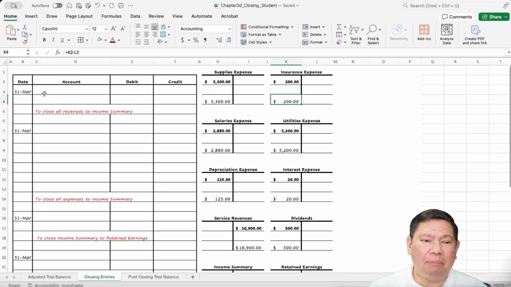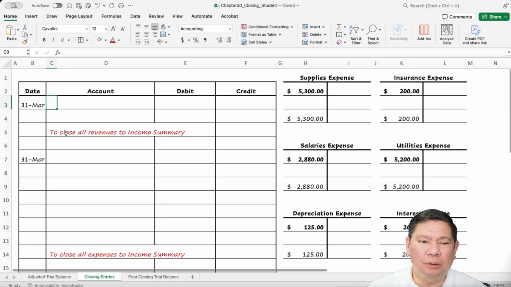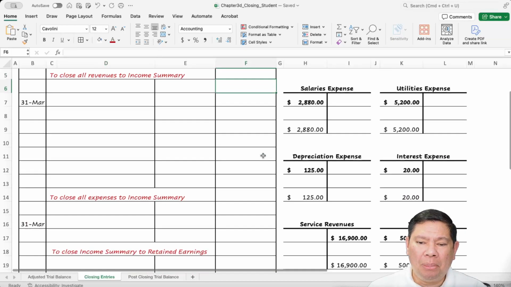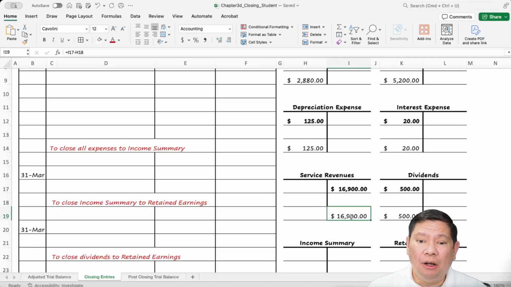So the first step in our closing process is to close all revenues to a temporary account called income summary. So we have the service revenues, 16,900 on credit. We want to make this zero so the T account can be used again for April, but it has to start from zero. Start counting new revenues.